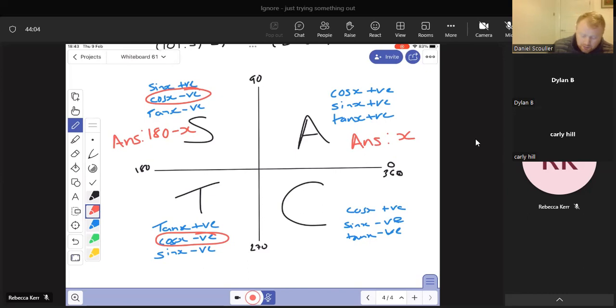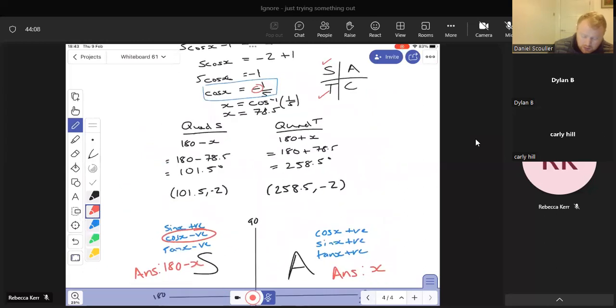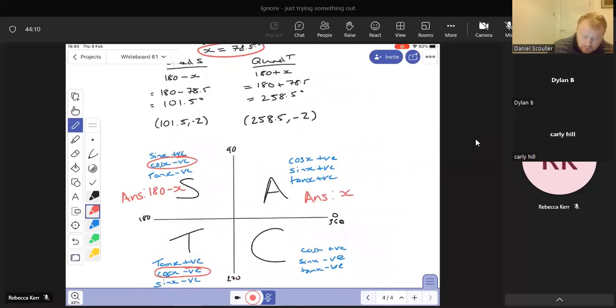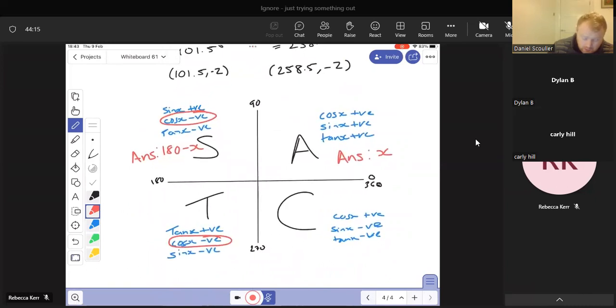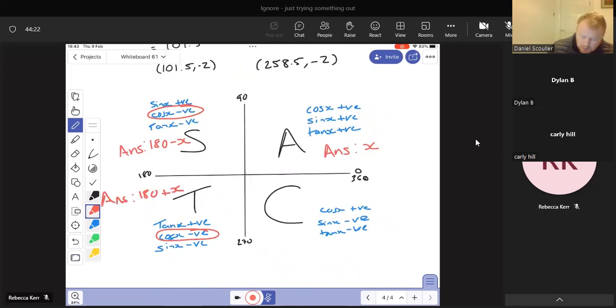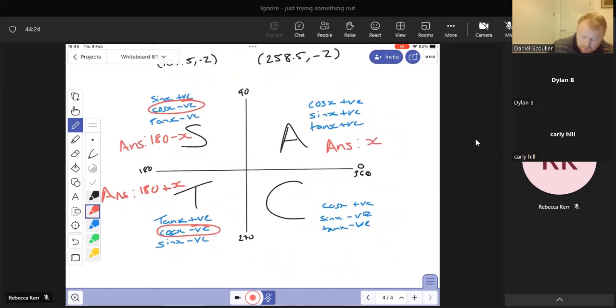In between 180 and 270, your final answer is going to be 180 plus x, and in between 270 and 360, your answer is going to be 360 minus x. So only in that first quadrant you don't do anything at all.